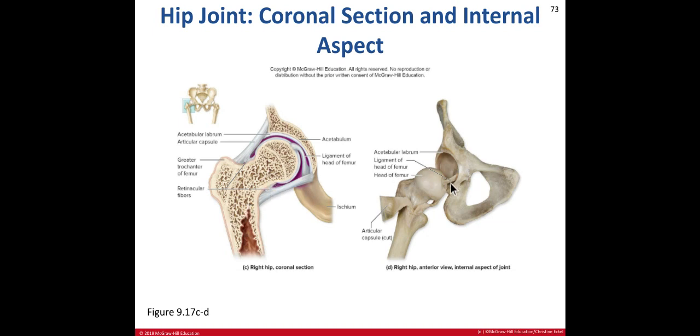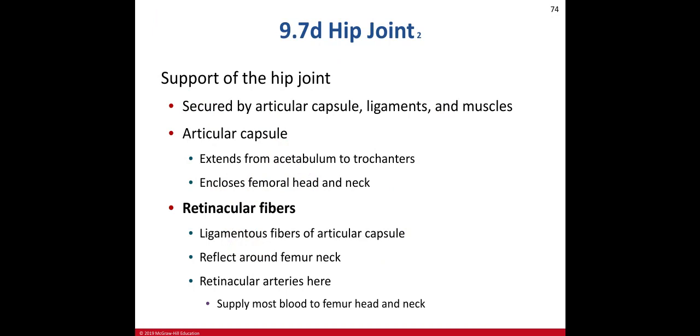So this inside ligament of the head of the femur, that's really the one that's holding it to that socket, but these other ones are reinforcing it. Let's see. We just said all of those in words.